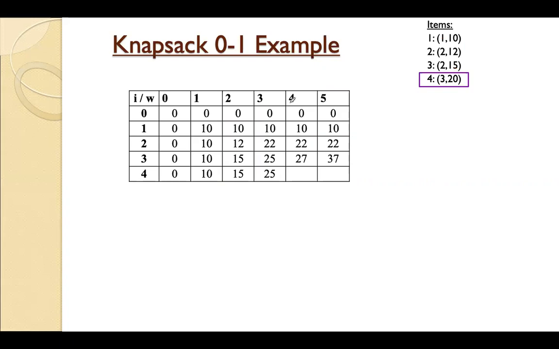Okay, when W is 4, the weight is 4. So when weight is 4, among these four items, which one to consider? Either 2 plus 2, which is 27, or 1 plus 4, and its value will be 30. So now I will consider 1 and 4. Value will be 30.